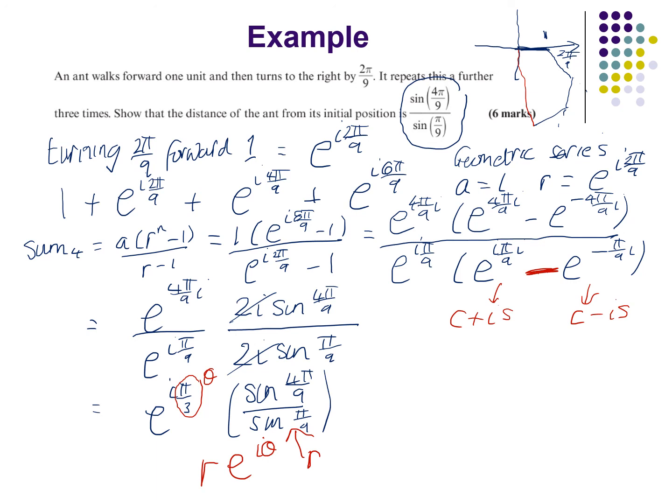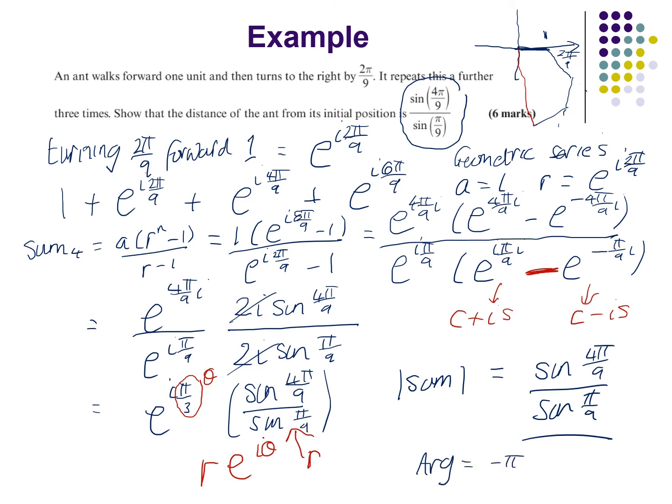So the magnitude of the sum, which is my distance, is the r bit, which is sine 4π by 9 over sine π by 9, as expected. If it asks for the argument or what direction it would be, because he has turned right, actually the argument would be minus π by 3, but they didn't ask for that.